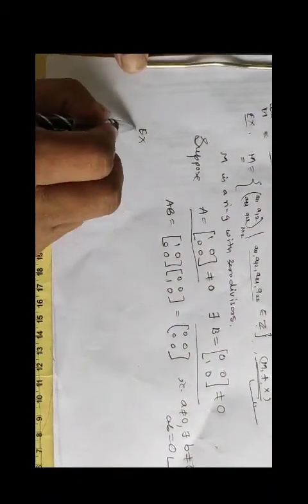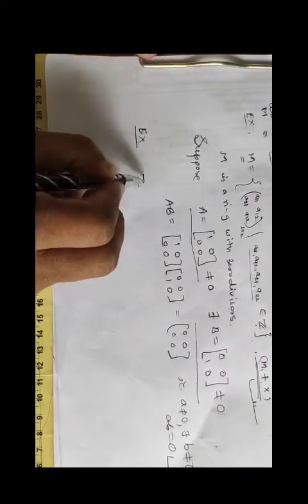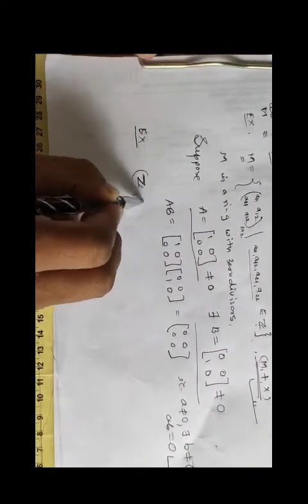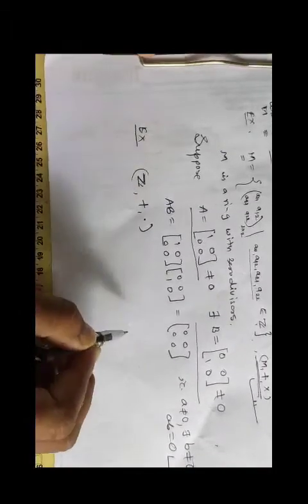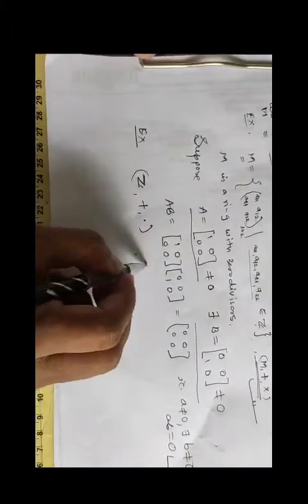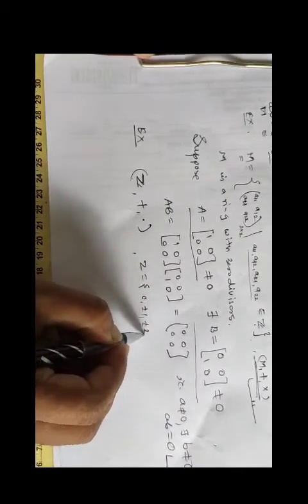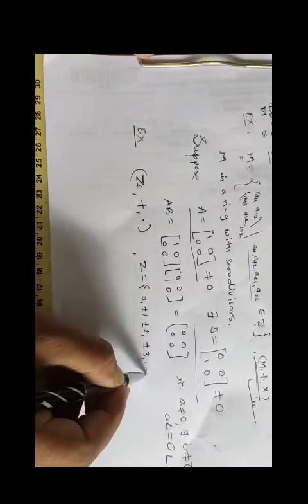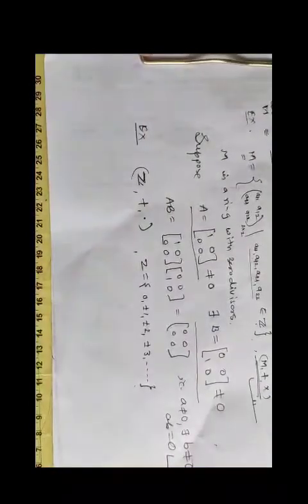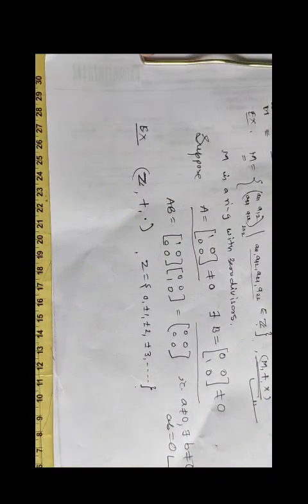Next example. Suppose Z is the set of integers with respect to addition and multiplication. What is Z? Z is 0, plus minus 1, plus minus 2, plus minus 3, and so on. Isn't it?